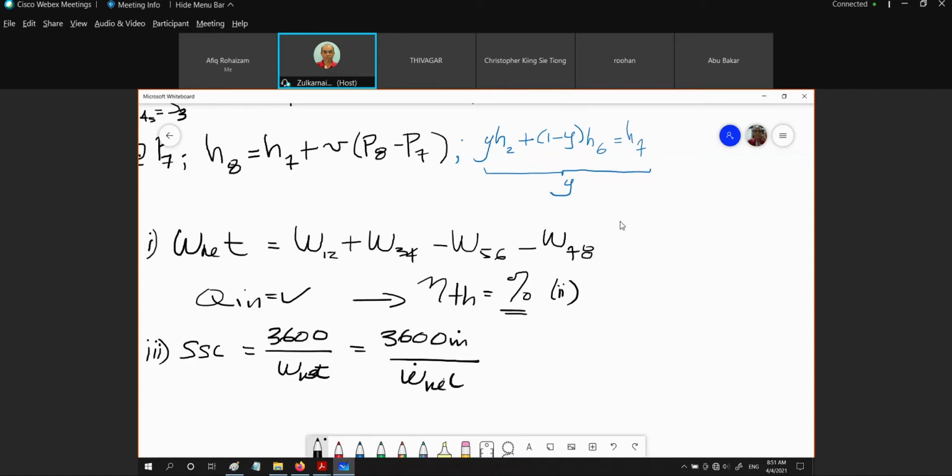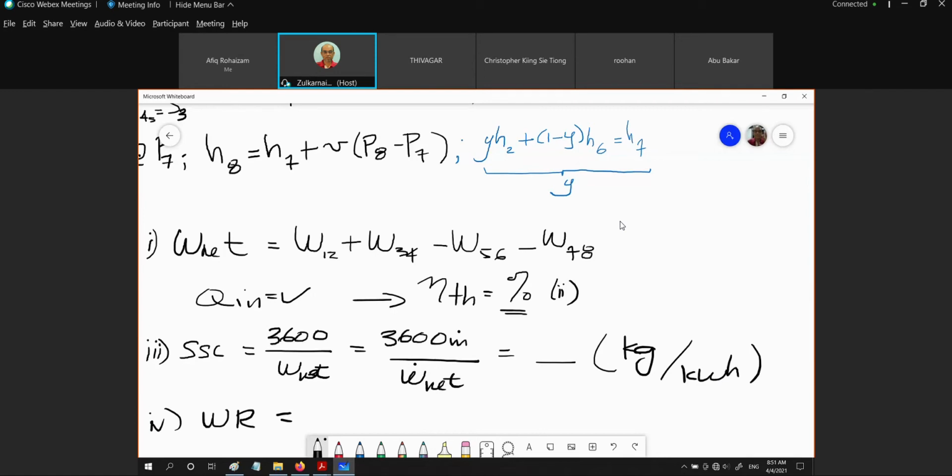So this is also power. And this will lead us to the unit of kilogram over kilowatt hour.